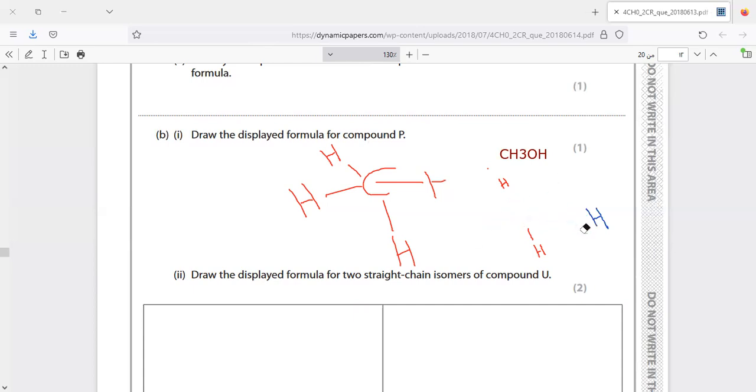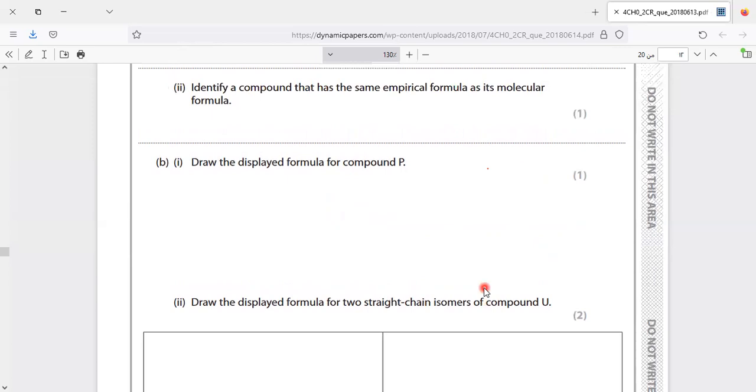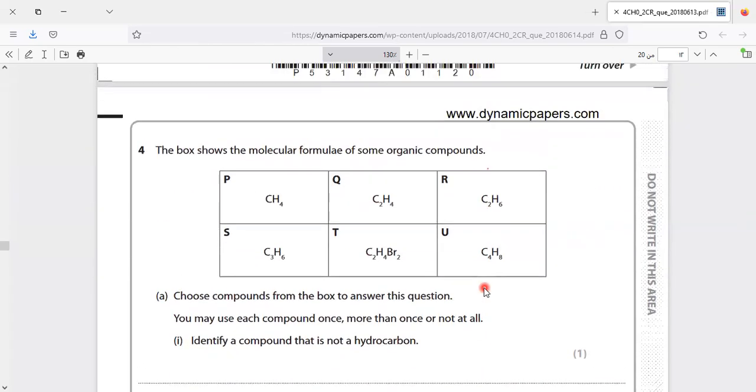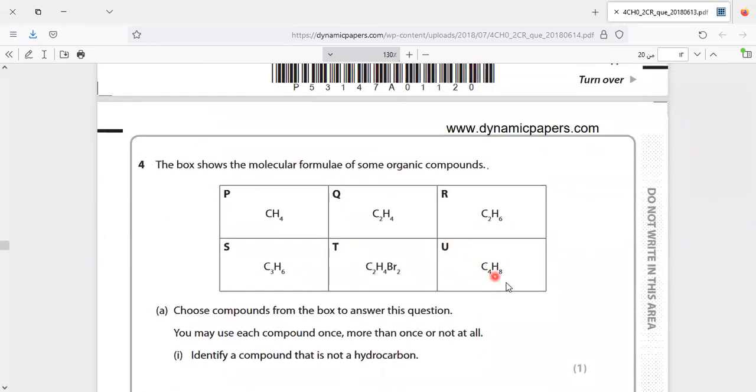Question letter double I. We need 2 isomers from compound U. This is compound U. I need 2 isomers from C4H8. You know isomers? Compounds which have the same molecular formula but different structures.